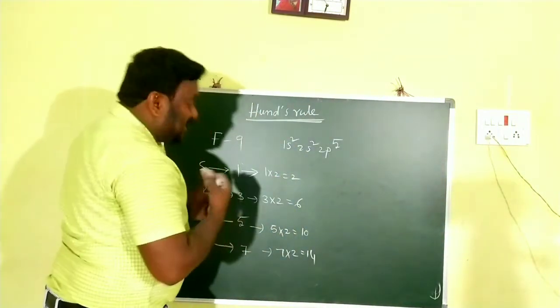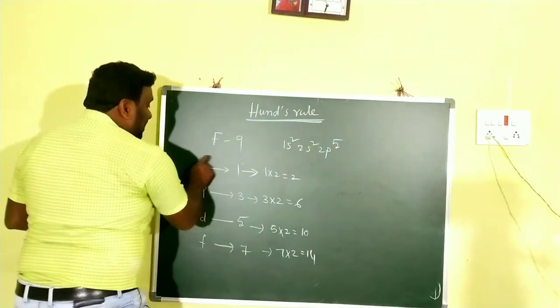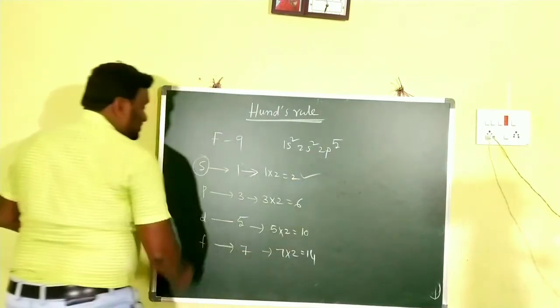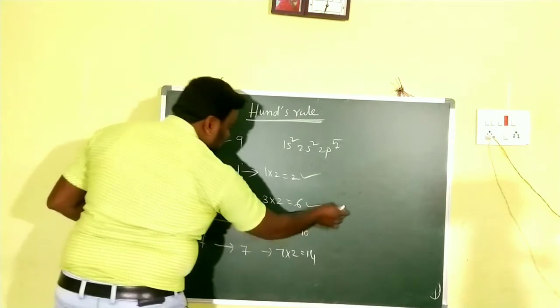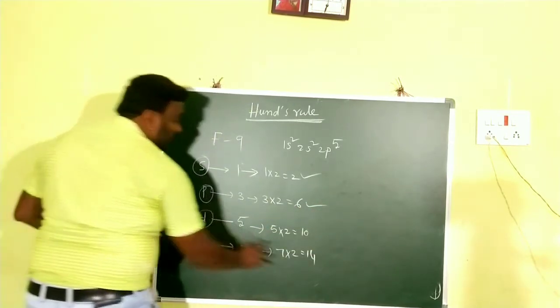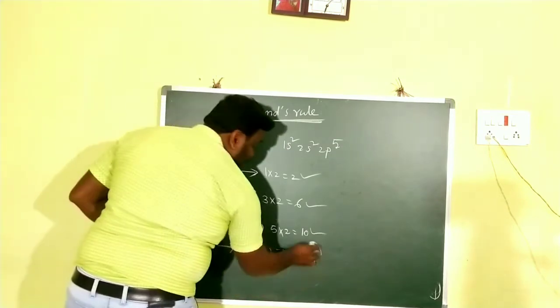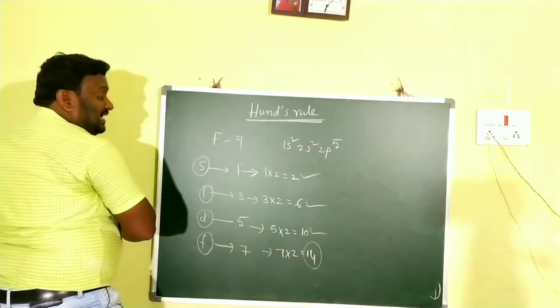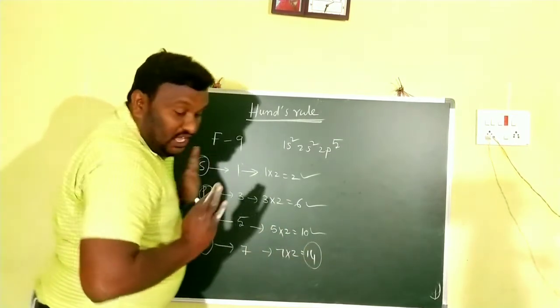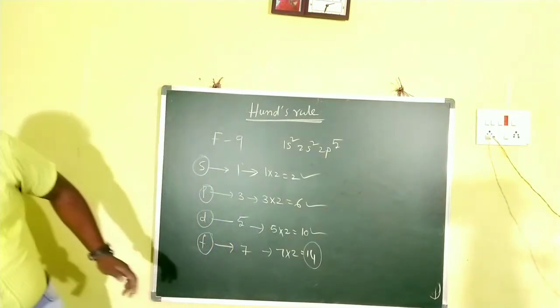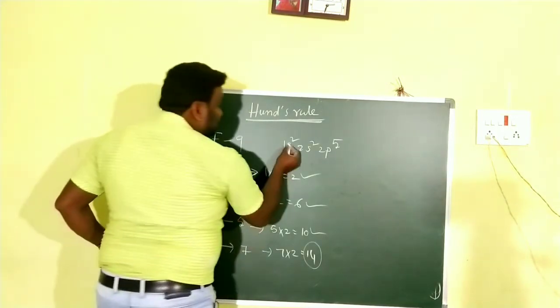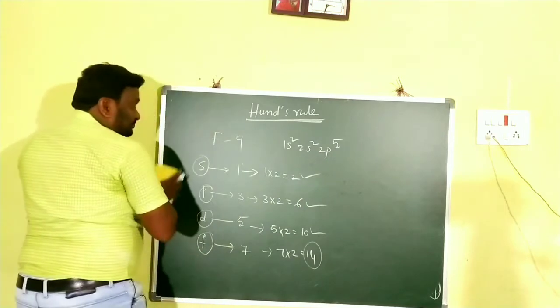In this video, I am telling you clearly: the s orbital consists of 2 electrons, the p orbital consists of 6 electrons, the d orbital consists of 10 electrons, and the f orbital consists of 14 electrons. You simply have to remember that. That's why here it is 1s2, 2s2, 2p5. Clear?